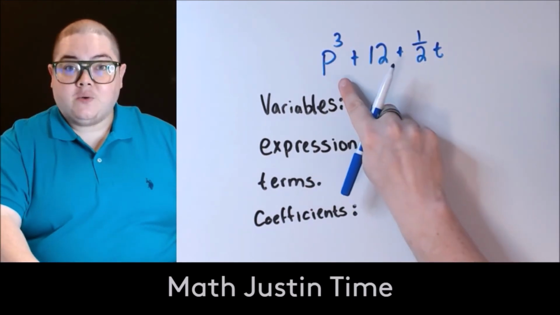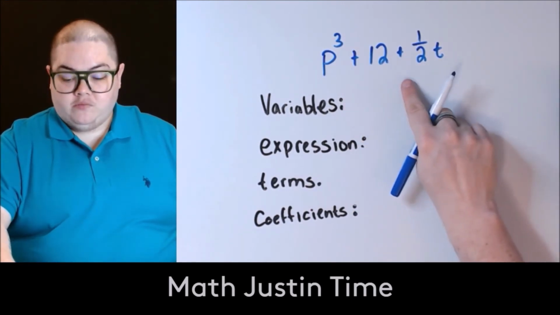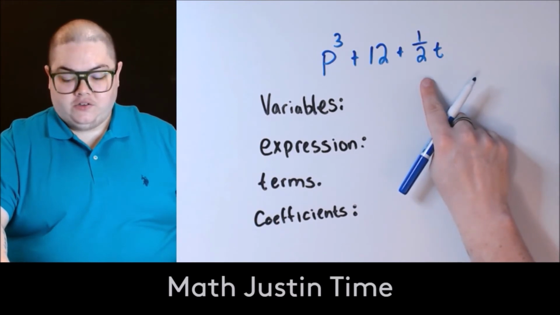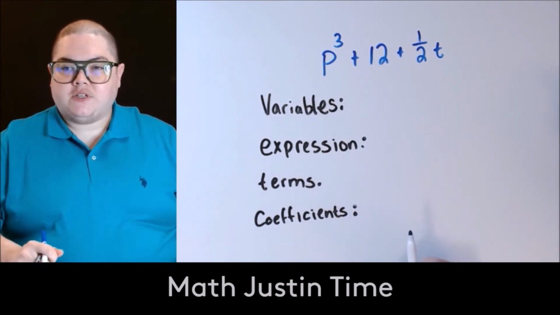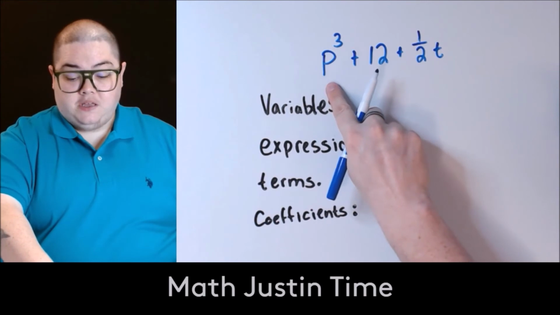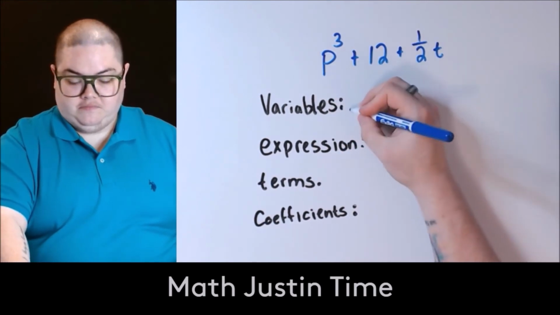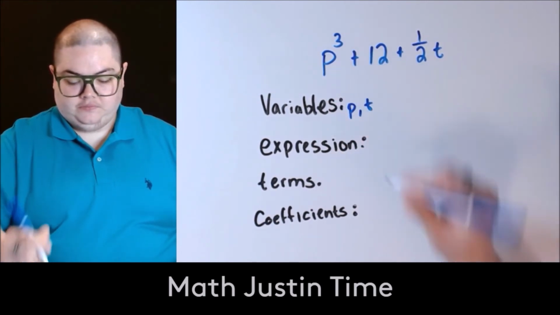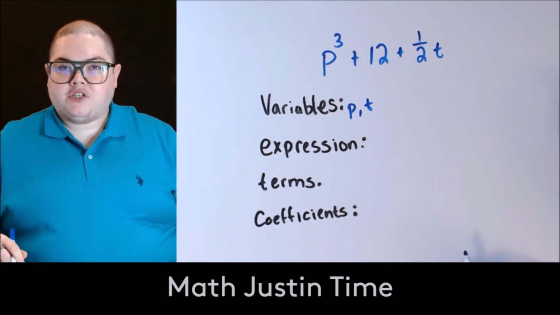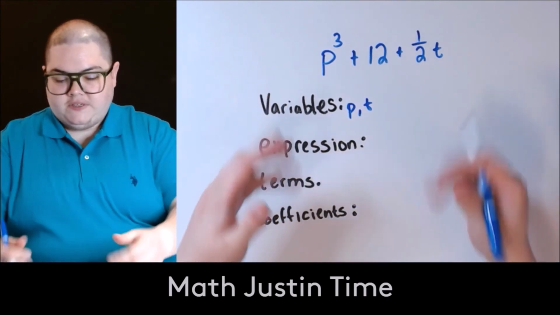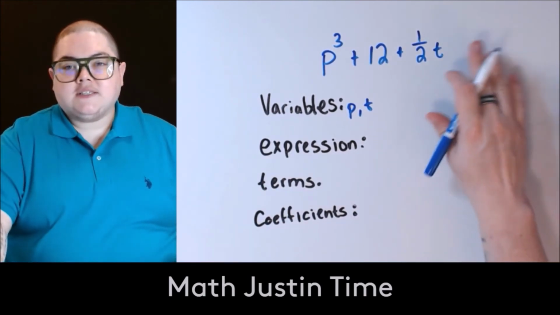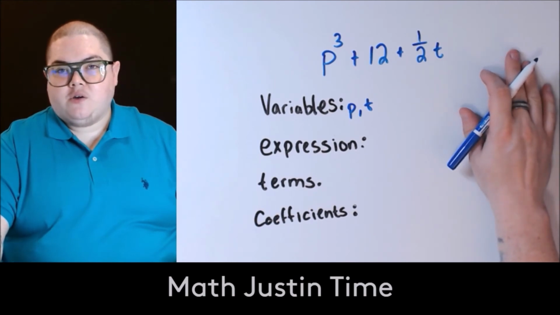Let's look at this example. We have p cubed plus 12 plus 1/2 t. So what are the variables in this? Well, we have a p and we have a t. What about the expression? Well, it's not set equal to anything, so it's not an equation.